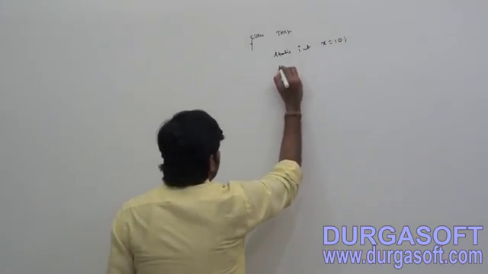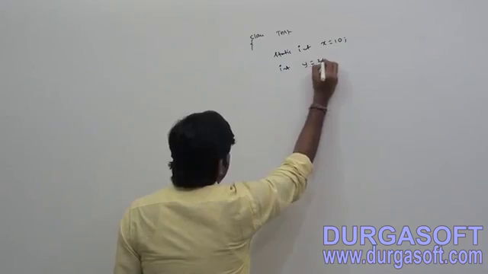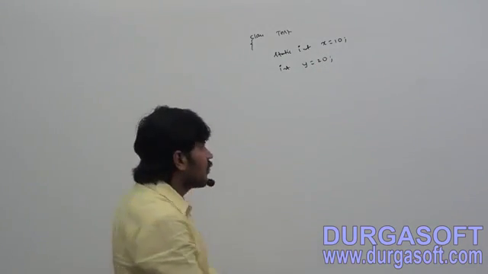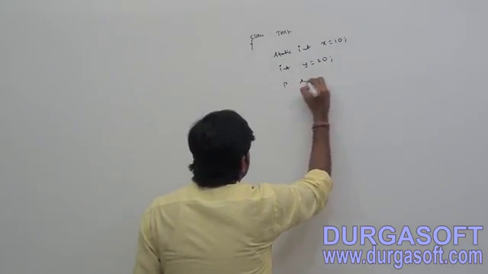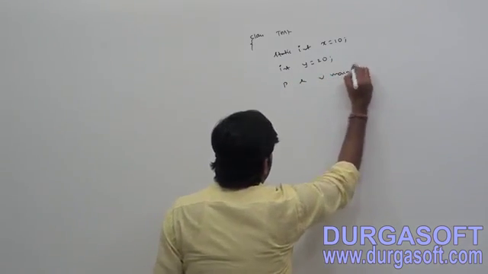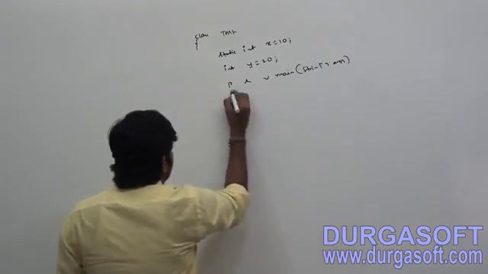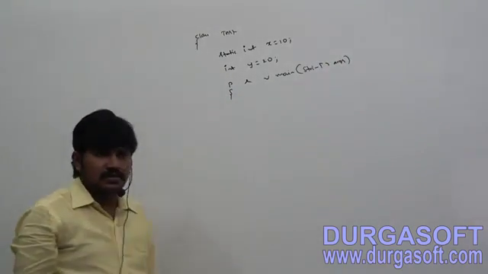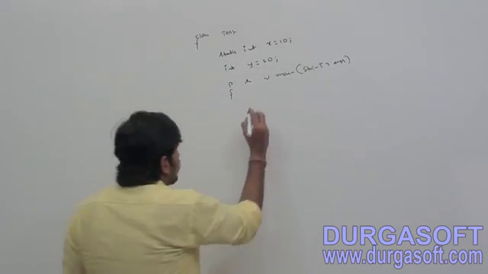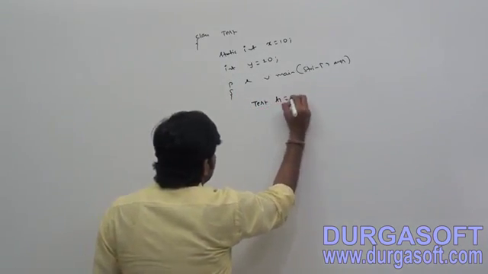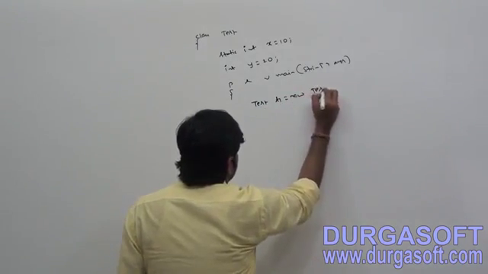Next, int y = 20. Public static void main(String[] args). Now I am taking Test t1 = new Test().